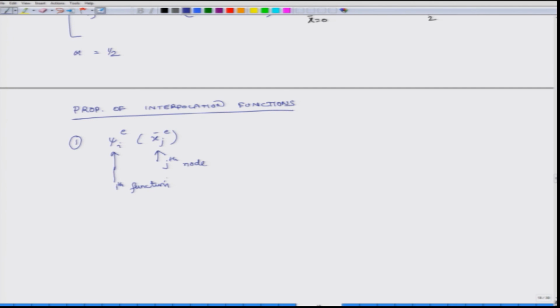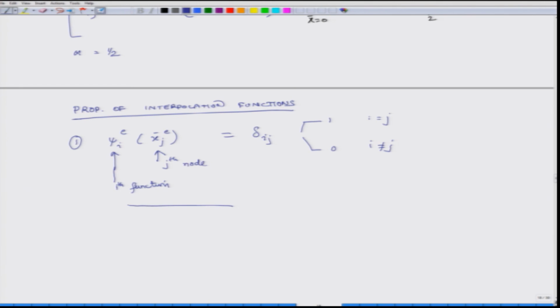So, the value of the ith function at the jth node is equal to the Kronecker delta ij, where the Kronecker delta equals 1 if i equals j and it is 0 if i does not equal j. This is an important thing.